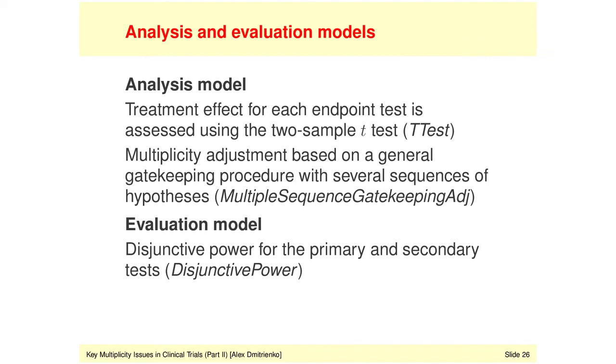You will see the name of the function that implements this general gatekeeping procedure. And as far as the evaluation model is concerned, we're going to compute disjunctive power for the primary and secondary tests, which means the probability that a significant effect will be established at one or more doses on the primary endpoint, and then separately on one or more doses on the secondary endpoint.